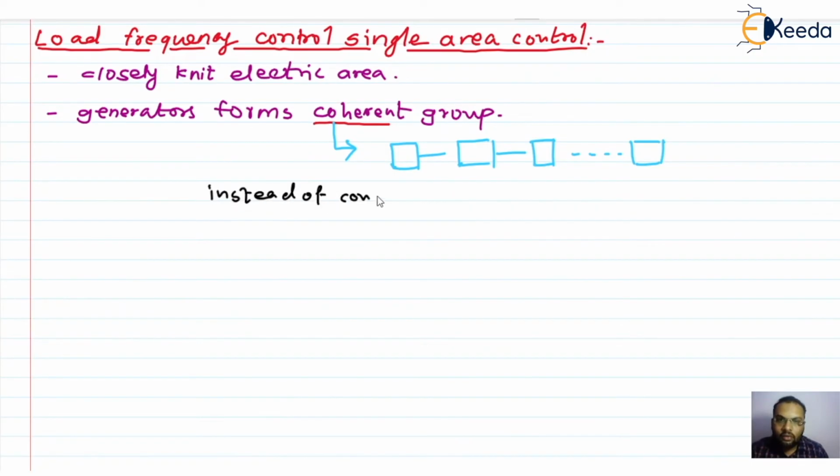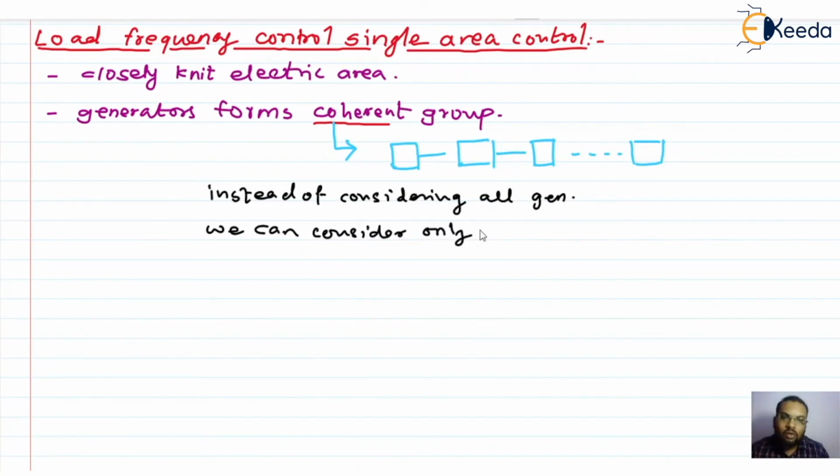Instead of considering all generators, we'll take only one generator from this group, and we will see how we can control the frequency for that generator.